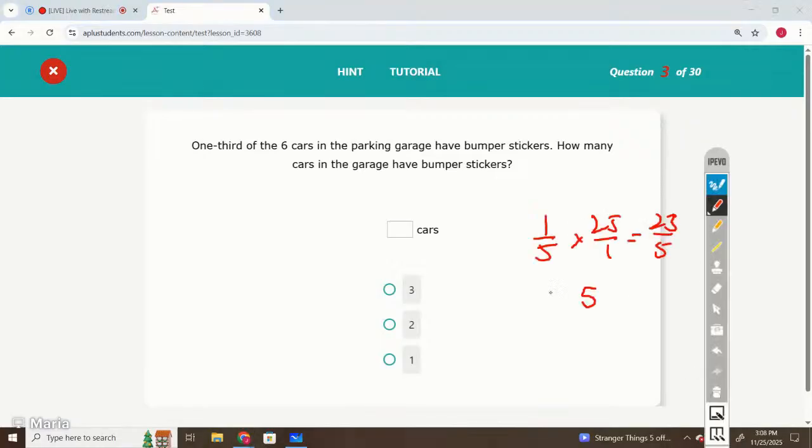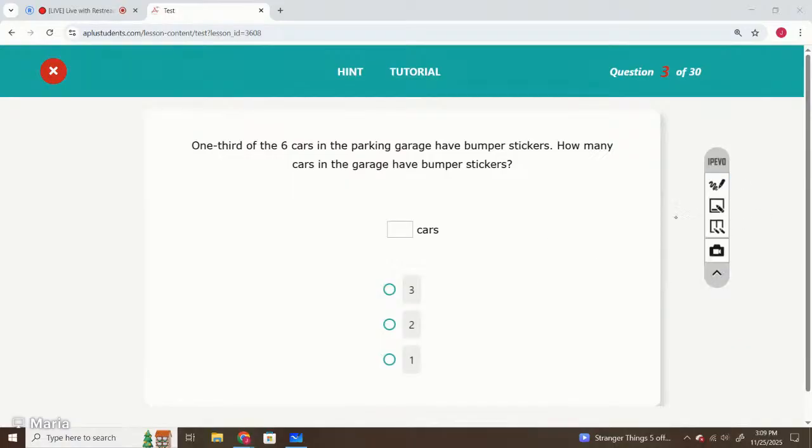So you need to evaluate one third times 6. So that is 6 times 1 is 6 and 3 times 1 is 3. So 3 times what number is 6? 3 times 2 is 6. The correct option is 2. Option number 2 is the correct option.